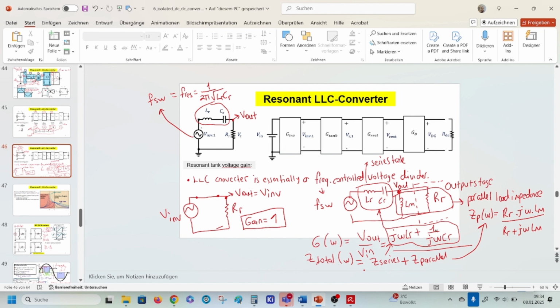By changing our switching frequency, we change this impedance, and by the way, we change also the output voltage of our load. There is an important point here.